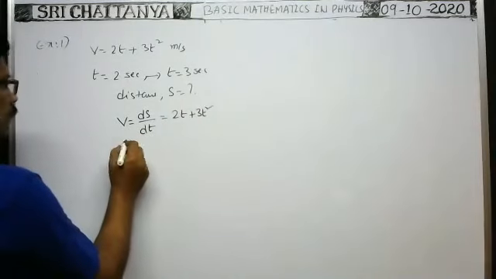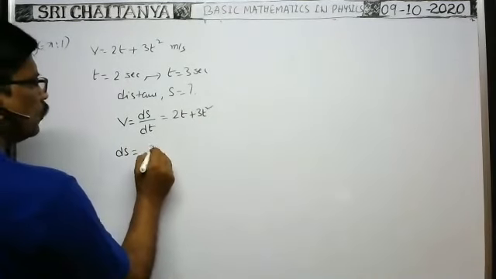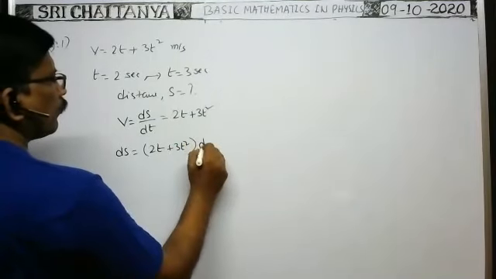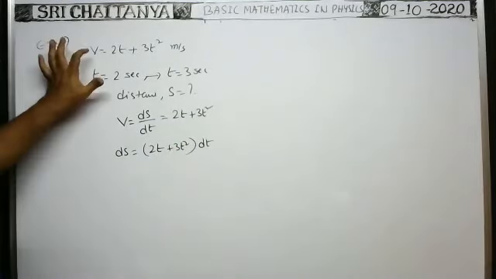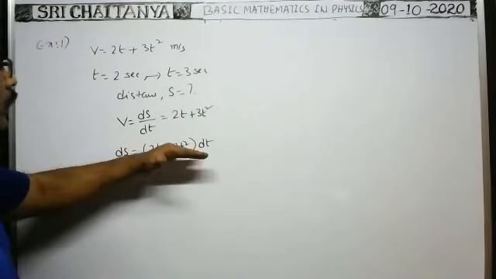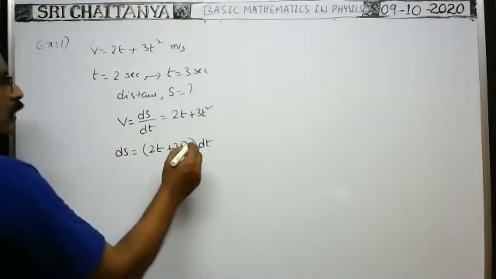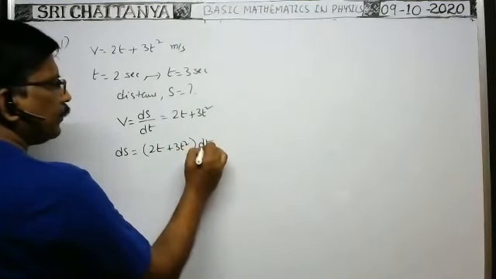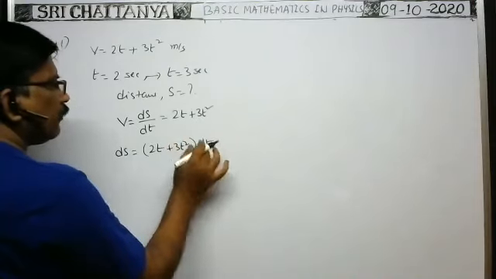Here from this, ds is equal to 2t plus 3t square, you do cross multiplication into dt. v ని ds by dt అని రాసామంటే cross multiplication చేసాం. Then ds is equal to something into dt అని వచ్చింది. For a small interval of time dt, there is no considerable change in the velocity v.